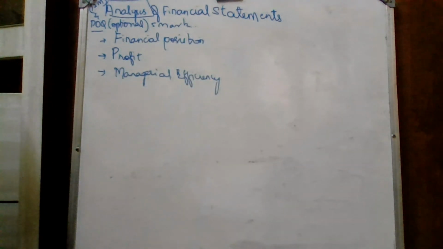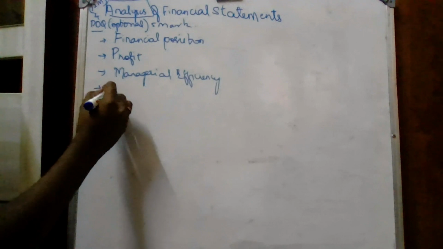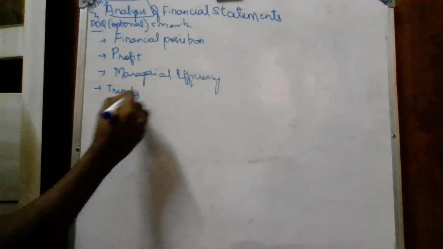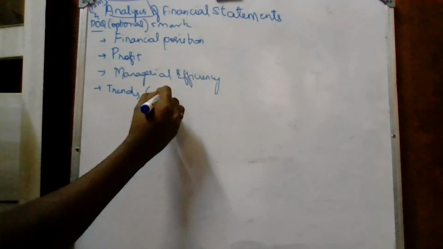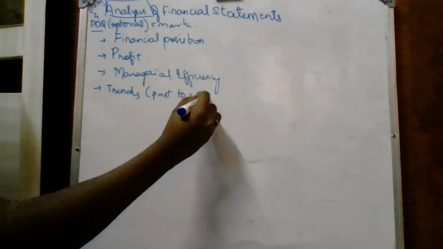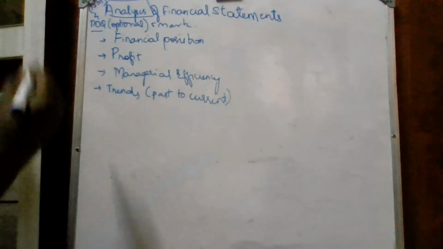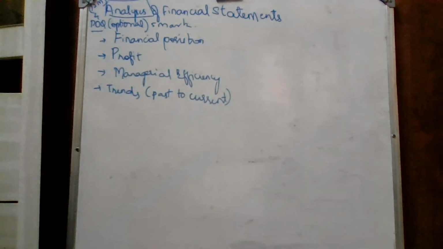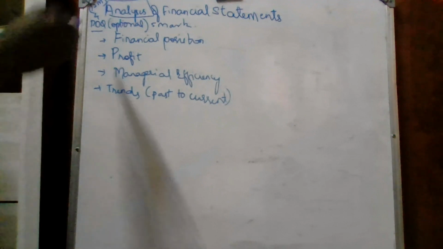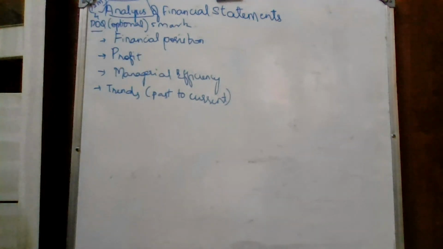To know all this, and to compare the trends from past to current and what might be the future. With the help of this, we can predict the future. So we do this analysis of financial statements.